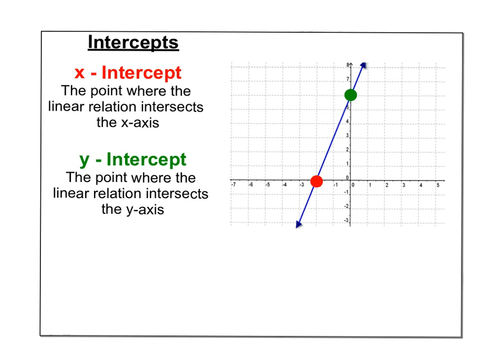But for this, we're just going to look at the x and y-axis. So the point where our equation crosses the x-axis is called the x-intercept. And the point where our equation crosses our y-axis is called the y-intercept. So we have our x-intercept in red and our y-intercept in green.